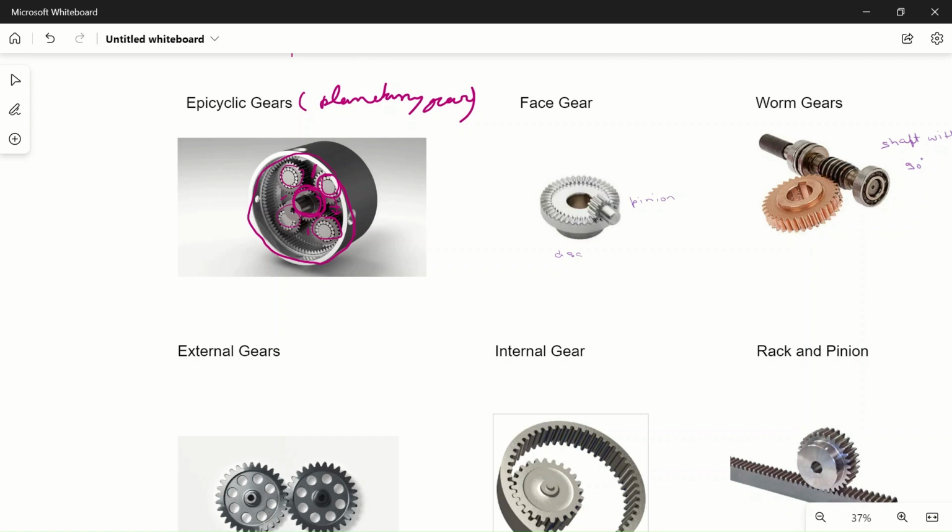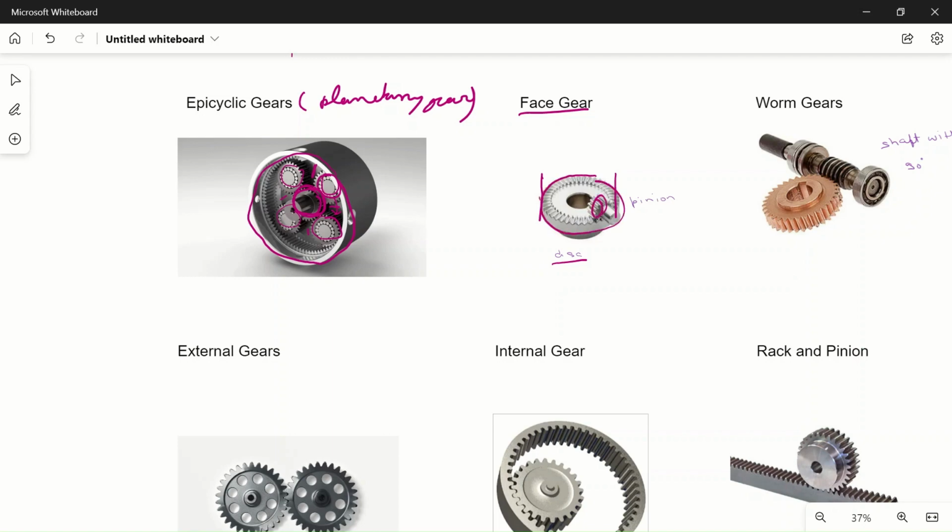Next one is face gear. So face gear is similar to the bevel gear, but here you can see that there will be a disc type of gear. This is not conical. In bevel gear we say that they are cut from the cone, but this is cylindrical, and this is a disc type of gear, and this is a pinion type of gear.